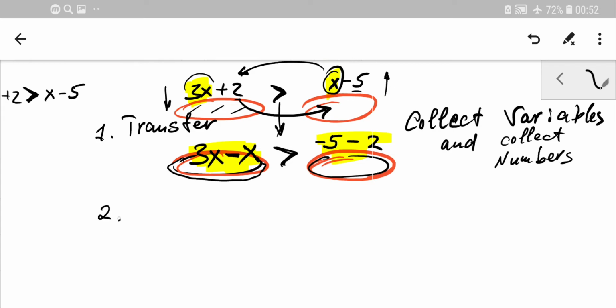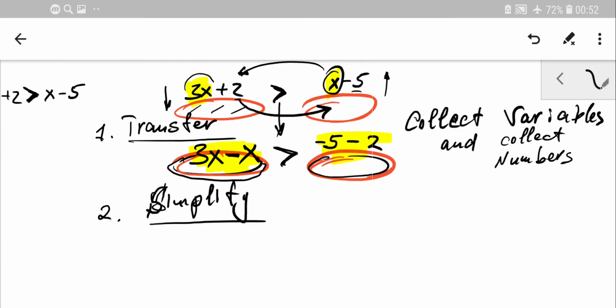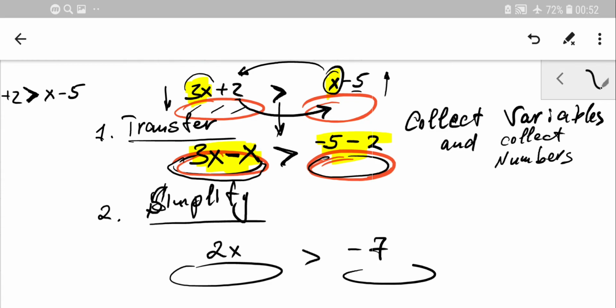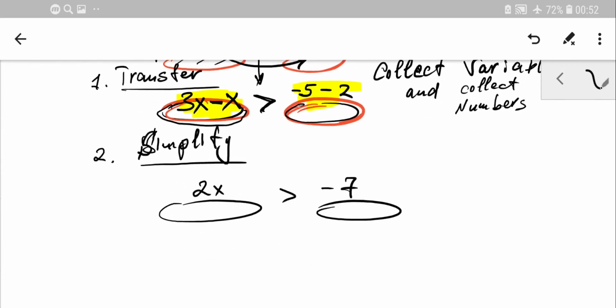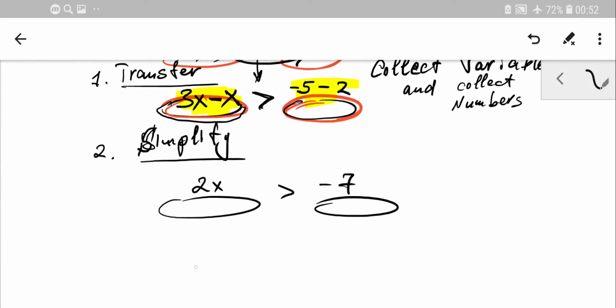So second step, what to do? Just simplify. Now you deal with similar terms, or like terms. So 3x minus x will give you 2x. And here you'll have -5 minus 2, which is -7. So that's almost the solution, except right now we need to find x.